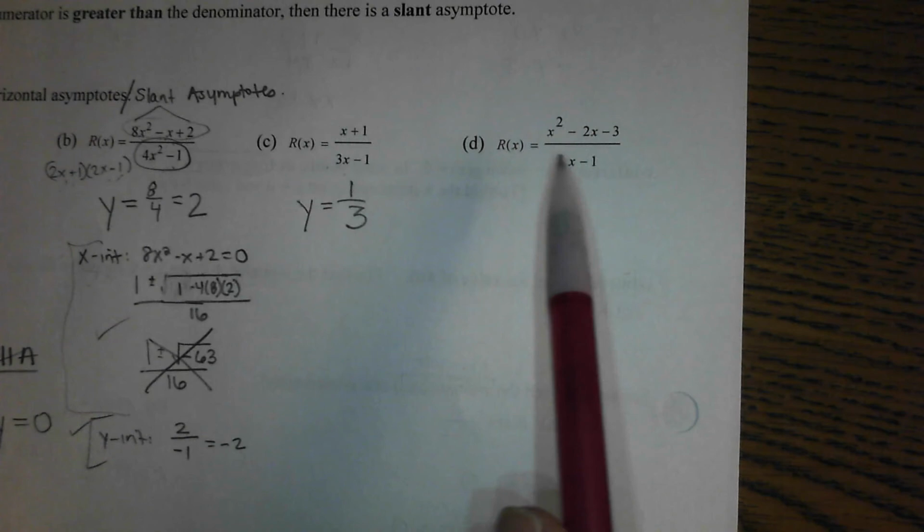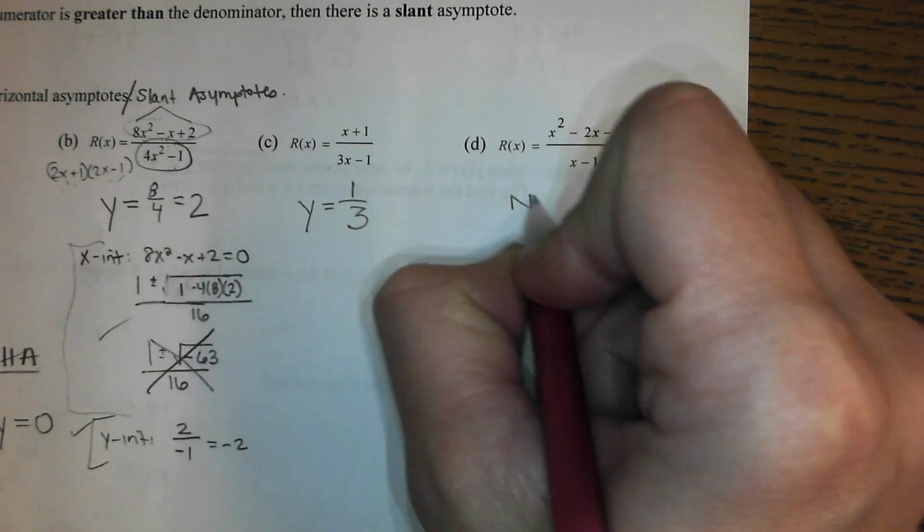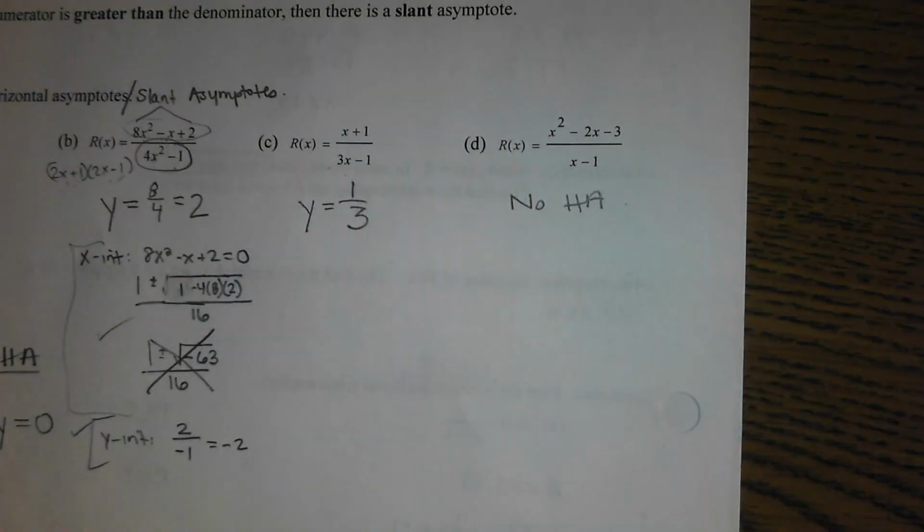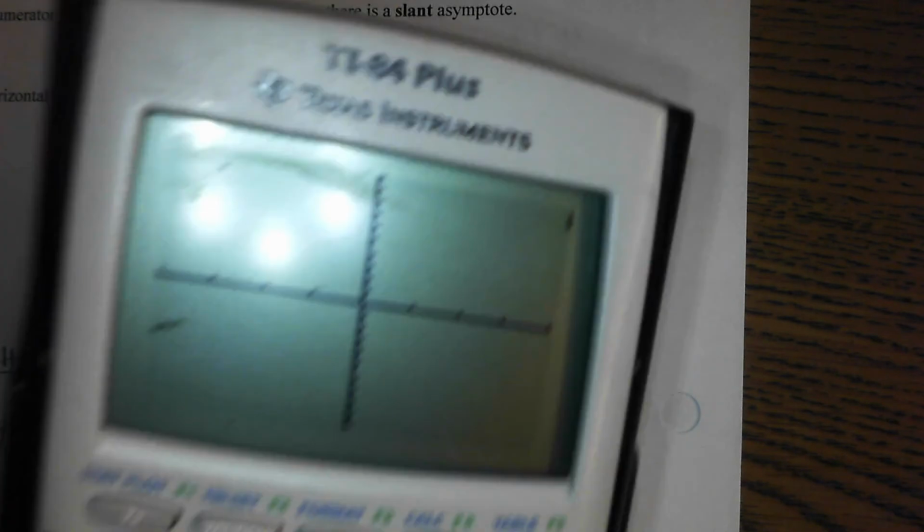That's your horizontal asymptote. And this one will be more interesting because it's big over small, so there's no horizontal asymptote. You'll see that this graph, when I show it to you, is not going to flatten out like a horizontal line on either end because of that lack of horizontal asymptote.